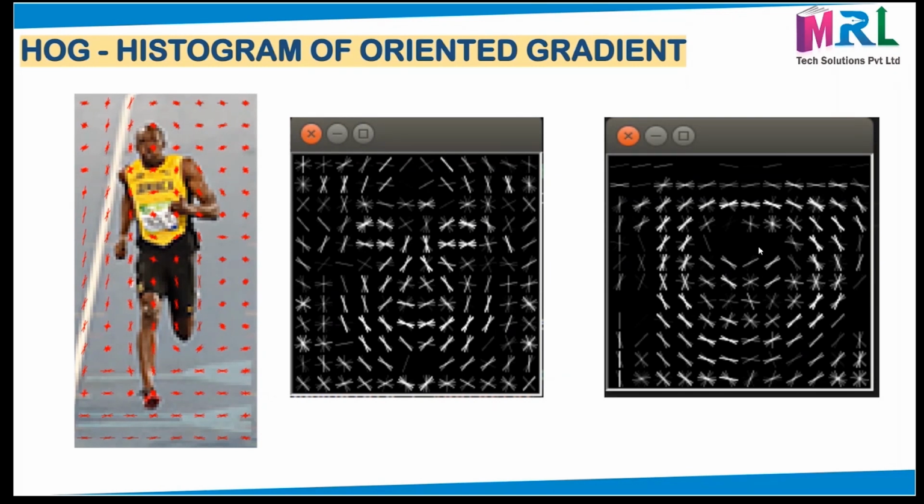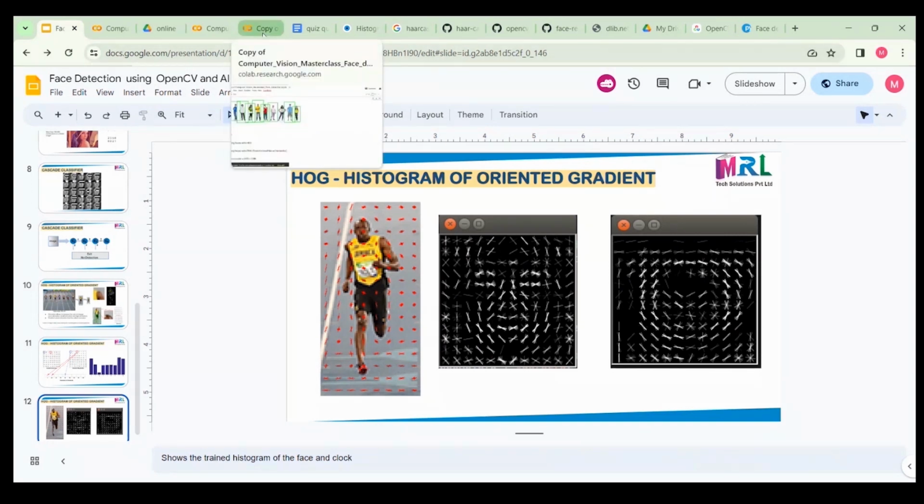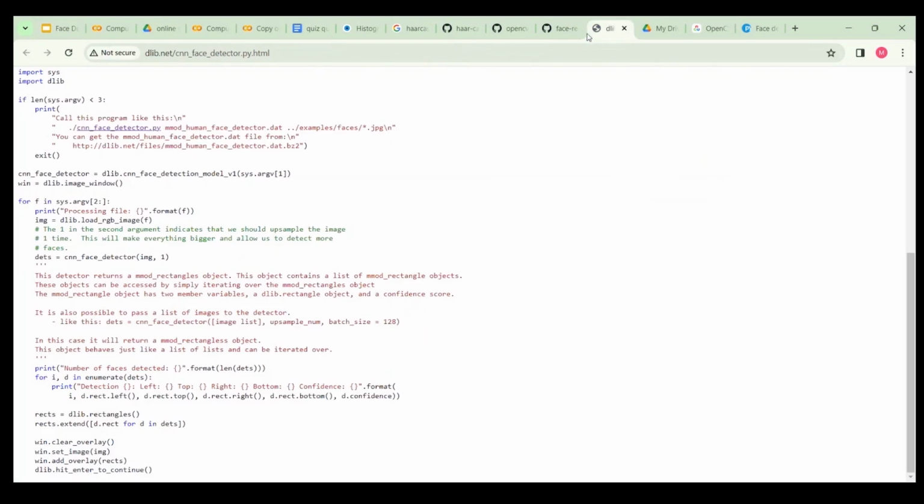So it is basically working based on the gradient as well as derivative. So with that quick introduction about histogram of oriented gradients, we will move on to the coding part. If you want to learn more about this histogram, you can.